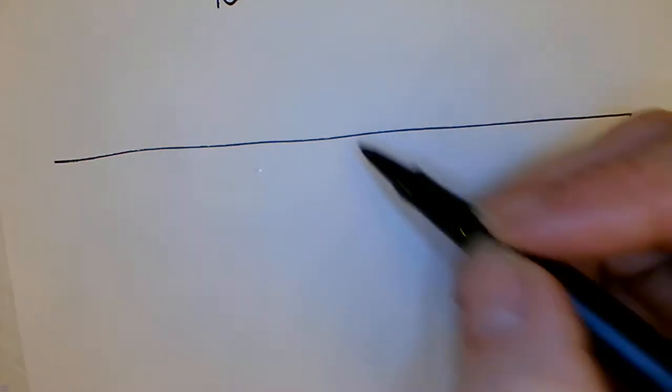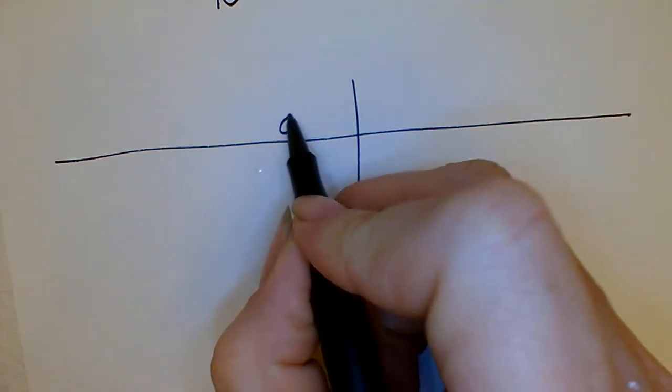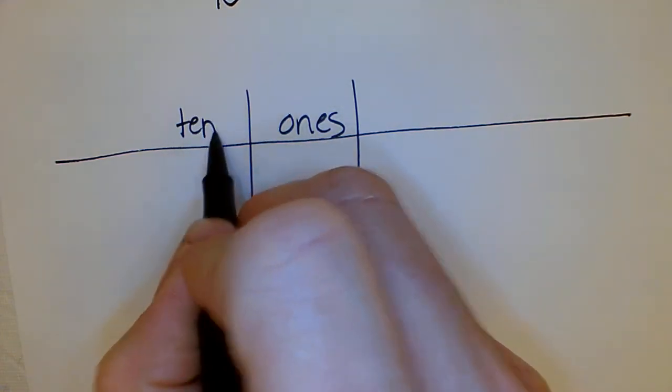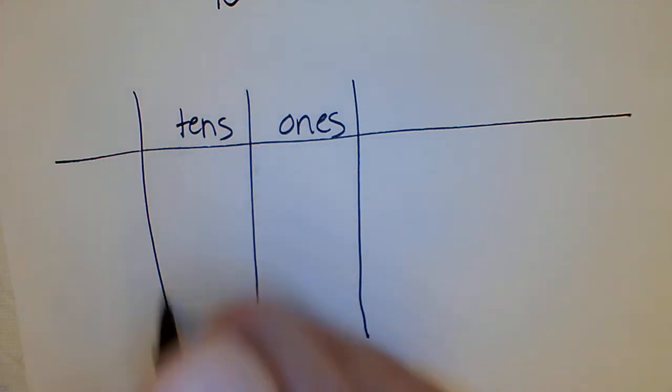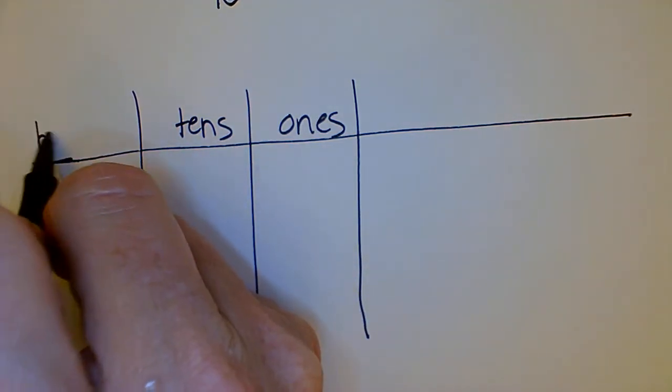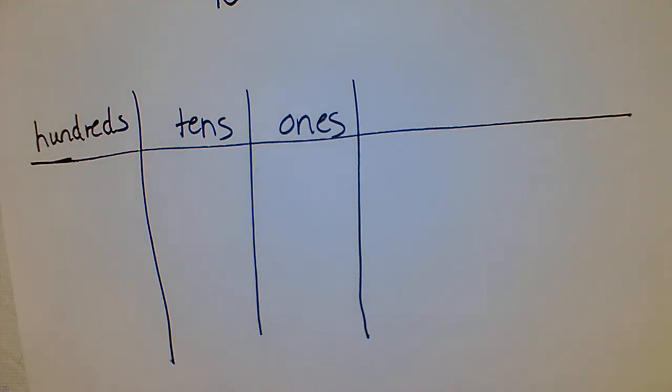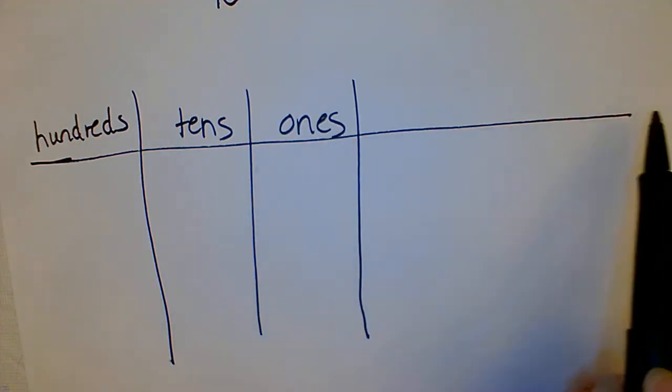What you guys are used to seeing is your place value chart with your ones, your tens, and your hundreds. And then we really haven't gone to the right of that.